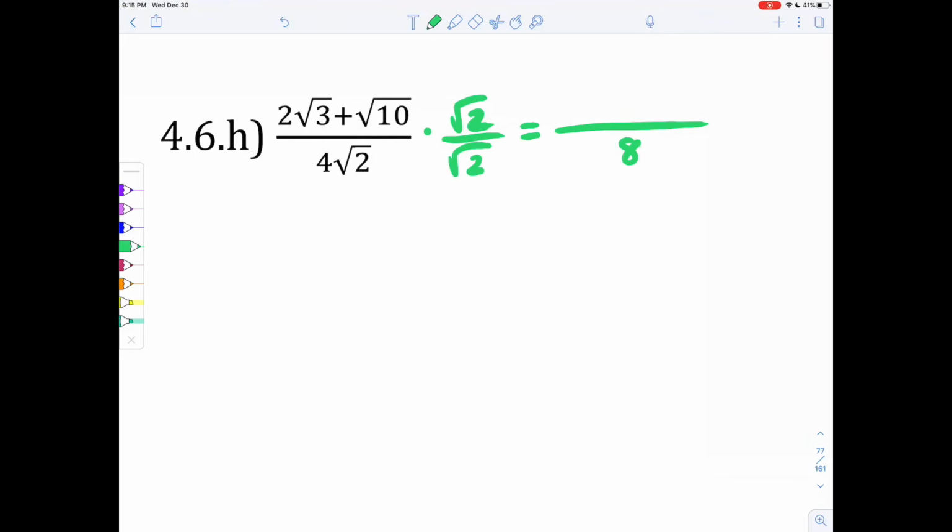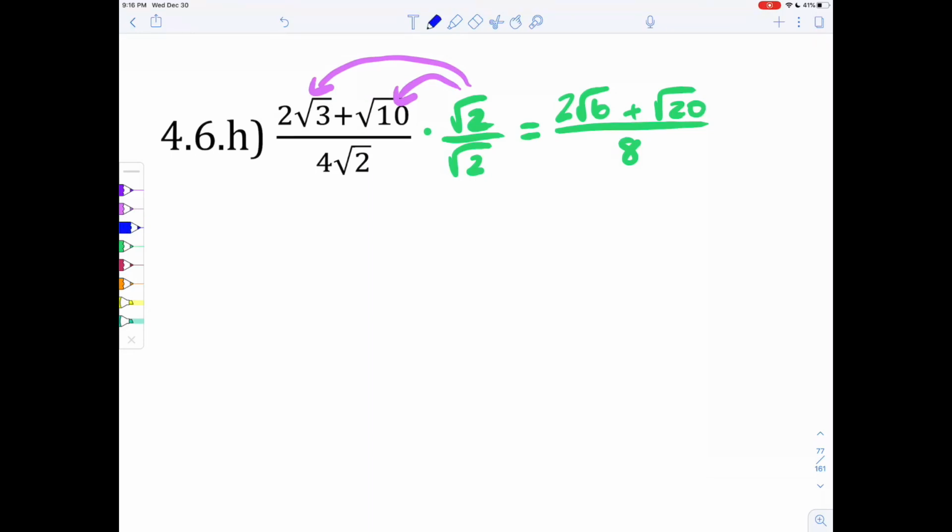Do what you need. In my numerator, because I have 2 terms separated by this addition sign, I'm going to distribute the root 2 to both of them. So I have 2 root 3 times root 2, which gives me 2 root 6. I have root 10 times root 2, which gives me root 20. And here we have it.